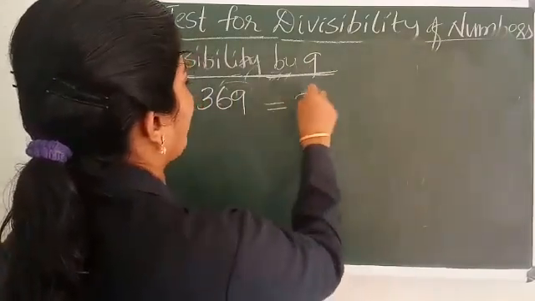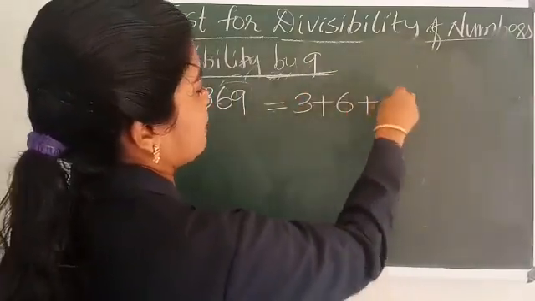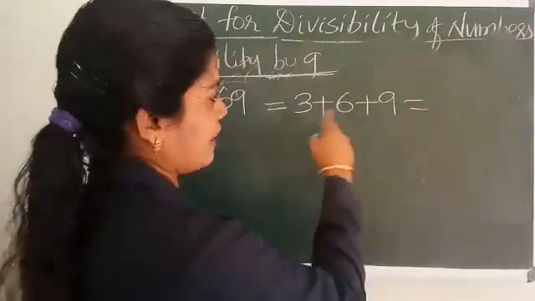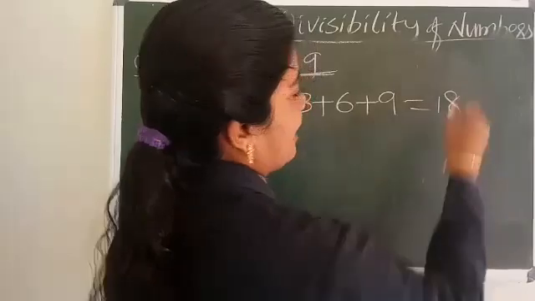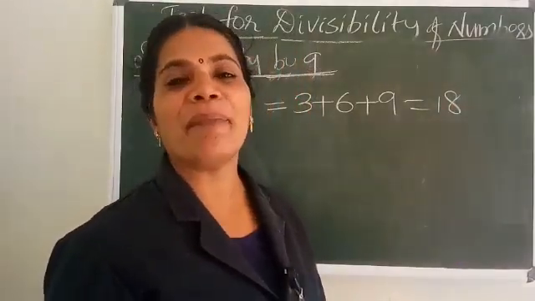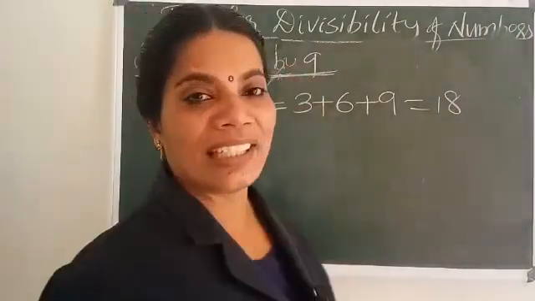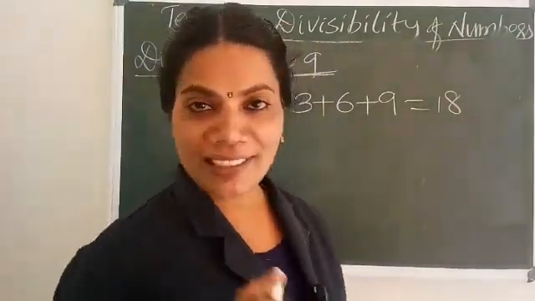What do we do? Sum of the digits: 3 plus 6 plus 9. 3 plus 6 is 9, 9 plus 9 is 18. 18 is a multiple of 9. Therefore, 369 is divisible by 9.